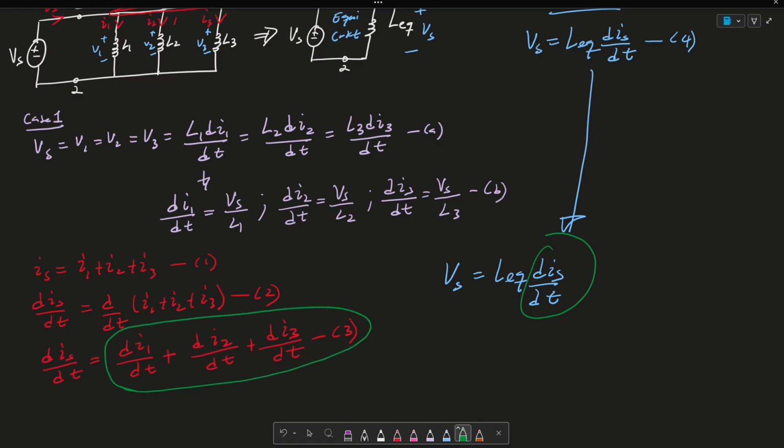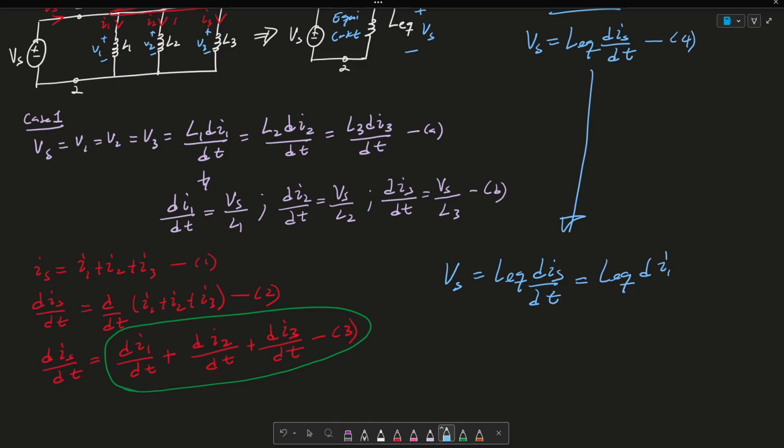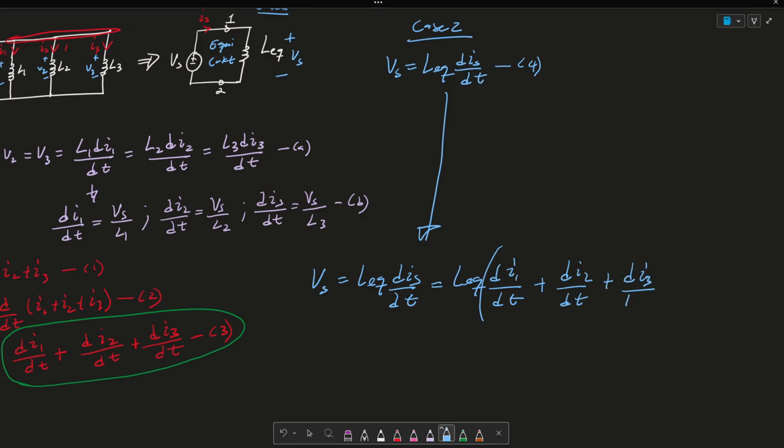So this is equal to L equivalent times di1 over dt plus di2 over dt plus di3 over dt.